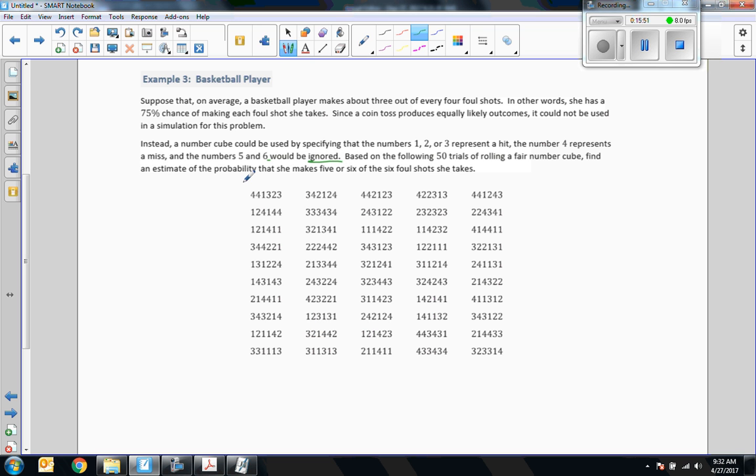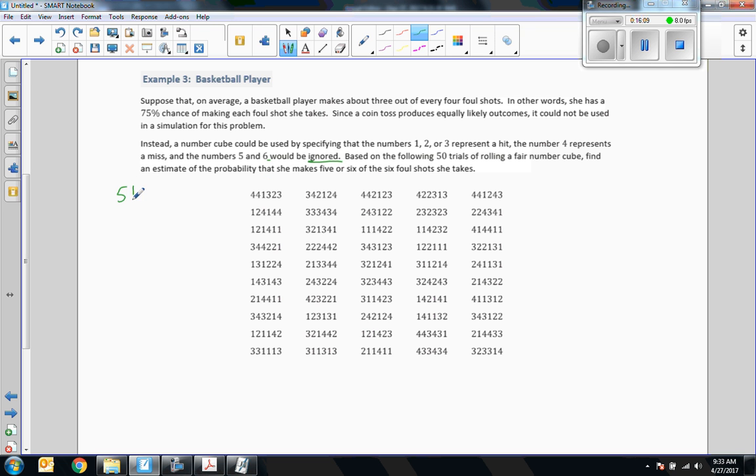So it says find the estimate of the probability that she made 5 or 6 of the 6 foul shots she takes. So we want 1s, 2s, and 3s. 4 represents a miss, so we only want 1 four or no 4s.